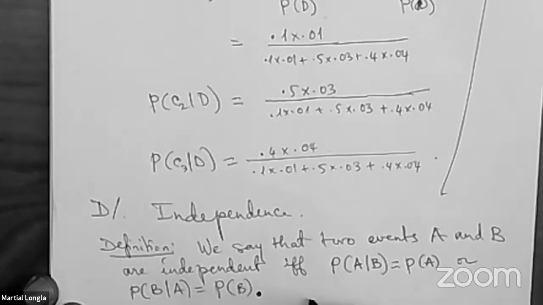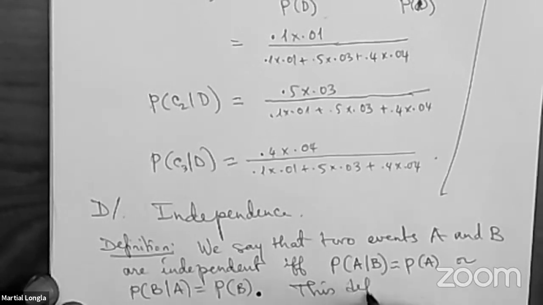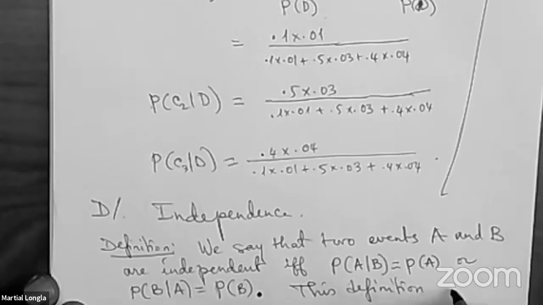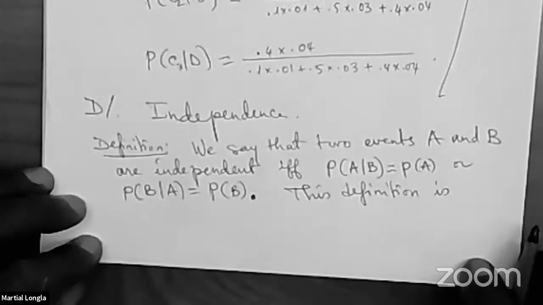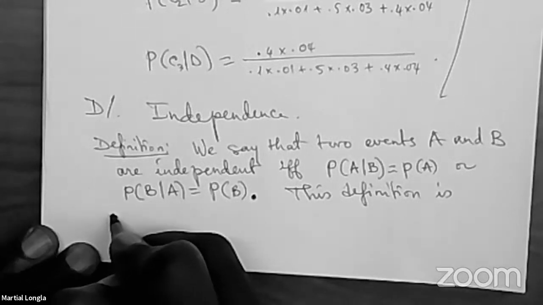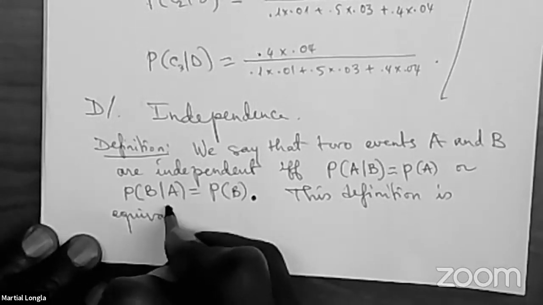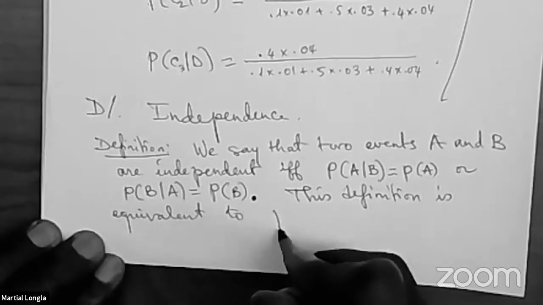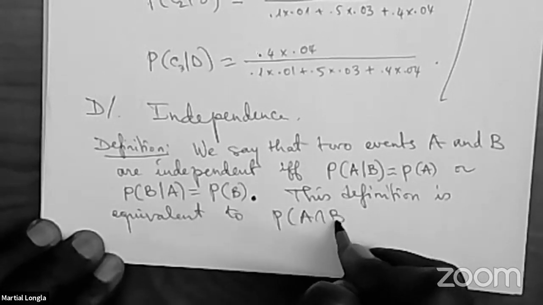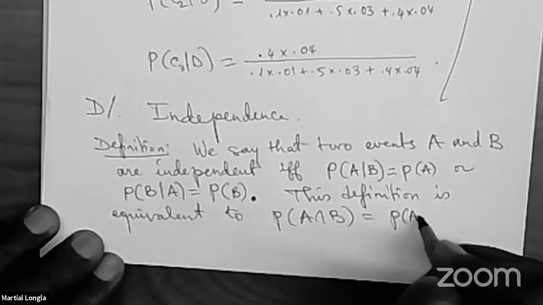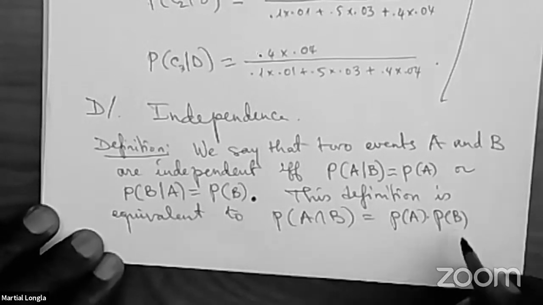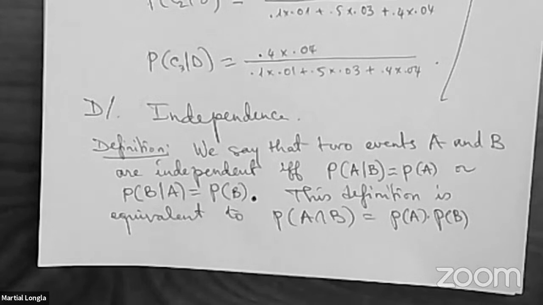Now, this definition is equivalent to saying that the probability of A and B equals the probability of A times the probability of B. Which is the reason why if they are disjoint and none of them is empty, then they cannot be independent, because the probability of the intersection is zero.